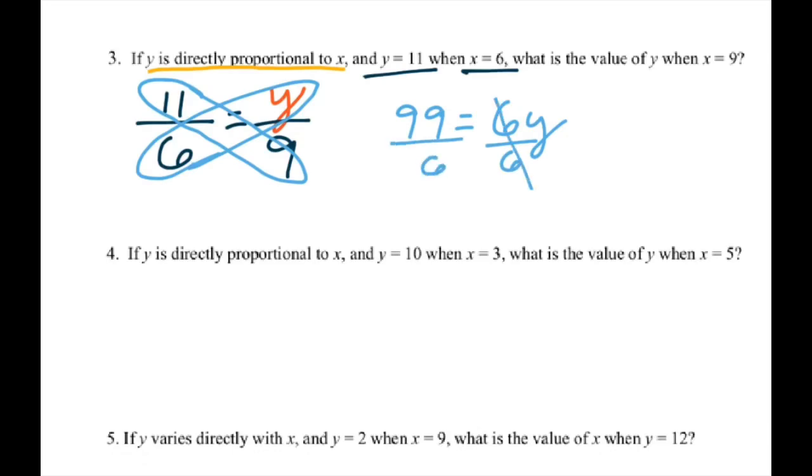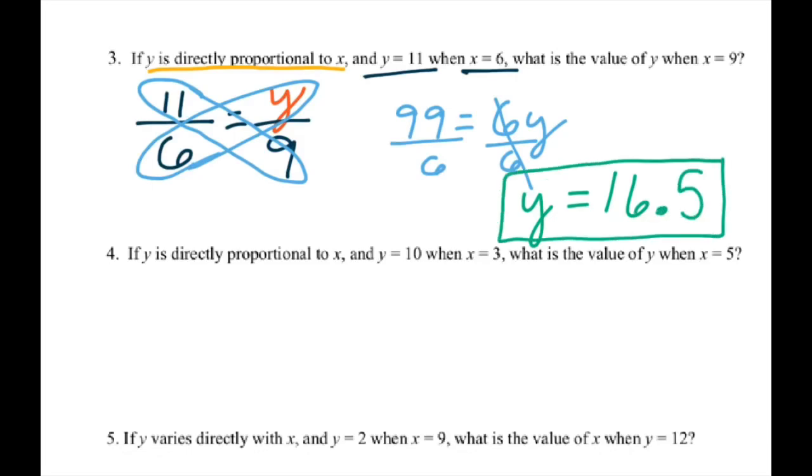That gets y by itself. 99 divided by 6 is the number 16.5. So I have a y equals 16.5. Very easy.